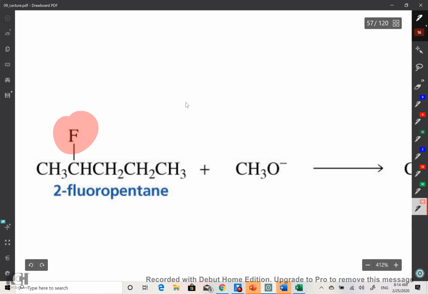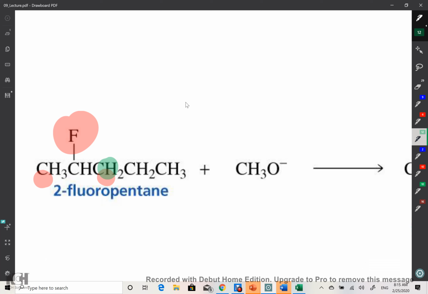Yeah. So that's our fluoride, okay? And to do the elimination, we have to remove one of the alpha hydrogens or the beta hydrogens, those hydrogens labeled there. Now, from what we've been doing, this hydrogen is the one that's supposed to be removed because it will lead to the formation of a more substituted alkene.